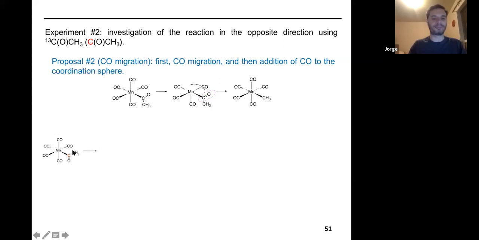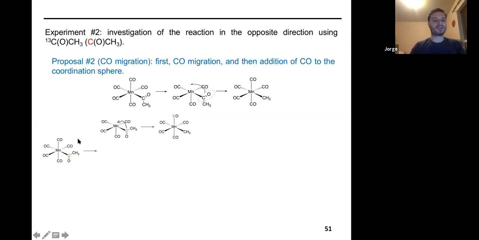So the first possibility is losing the carbonyl group at the top of the structure. So that's what's going to happen. So losing this ligand in this position, and then migration of the CO from the acyl group, and all the labeled CO is going to be in a cis position relative to the methyl group.